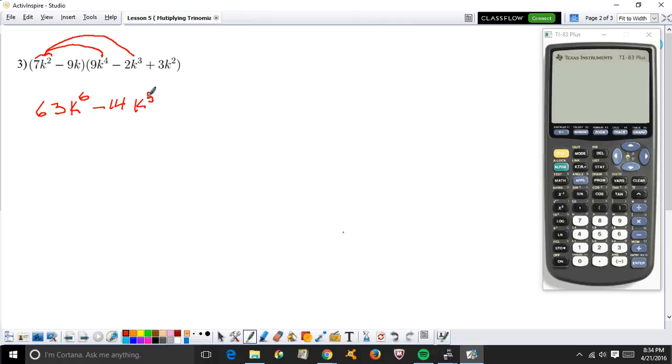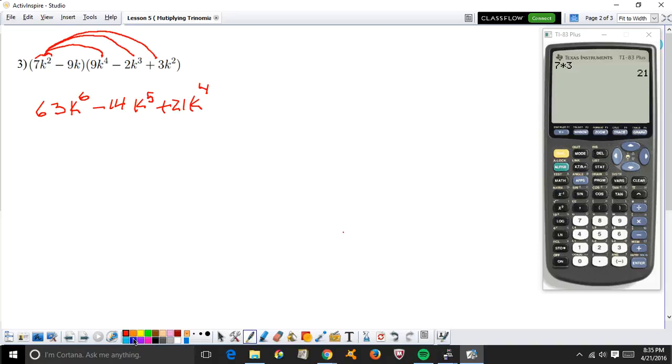Okay, so we distribute again. 7 times 3, yeah, 21. So we got 21. K to the second times k to the second. That's k to the fourth. Because again, we add exponents. So we're done distributing the first term.